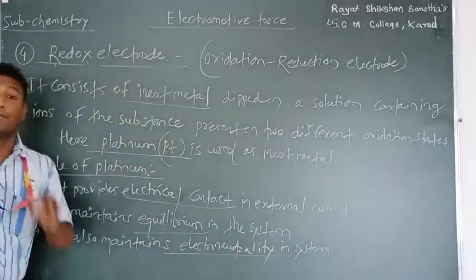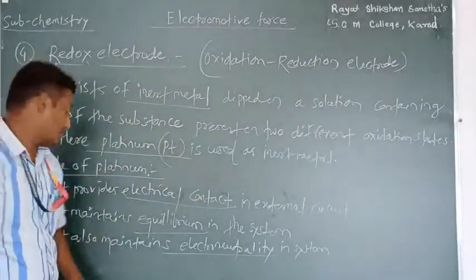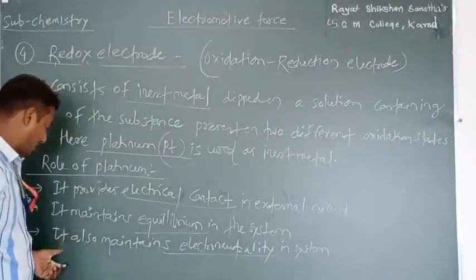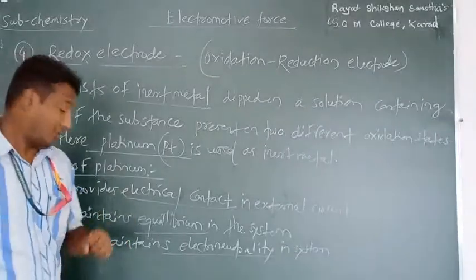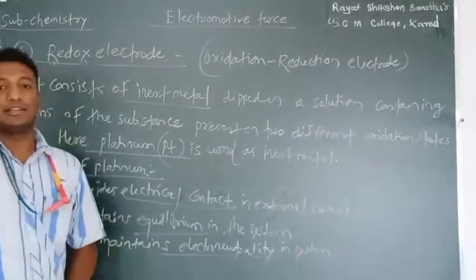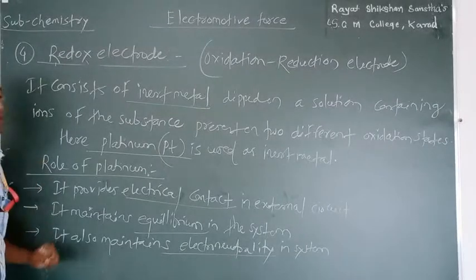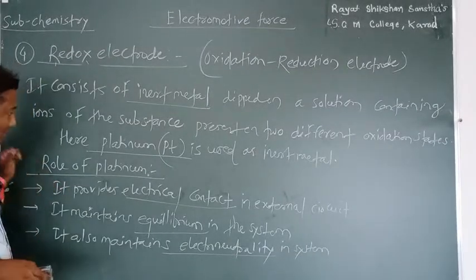Are you getting the role of platinum? It provides electrical contact in the external circuit, it maintains equilibrium in the system, and it also helps to keep electroneutrality. So this is the role of platinum. I hope you got it.